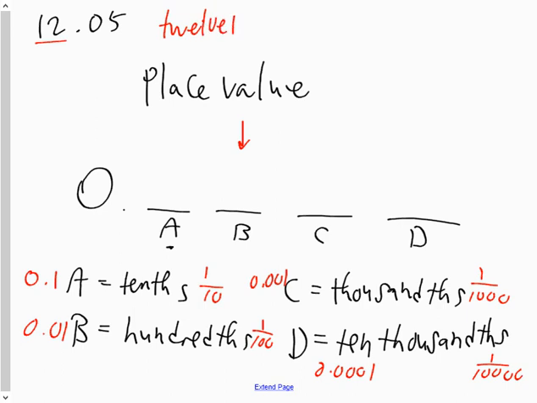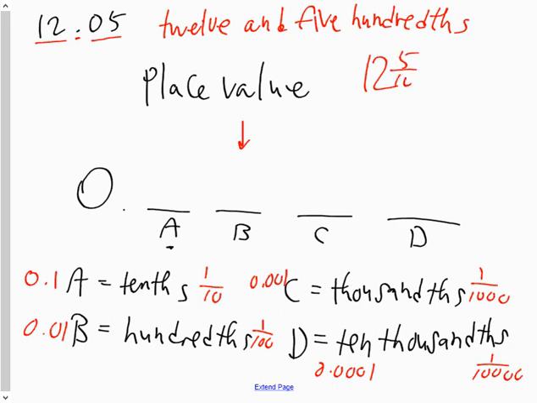Let's erase this here. 12. And then we're going to read our decimal as the word and. And finally, we have the 0.5, which of course ends in this position here, which is the hundredth. So we're going to read that as being 5 hundredths. Okay. So now that we've written in words, we have 12 and 5 hundredths. It's going to be 12 and 5 hundredths as a fraction.